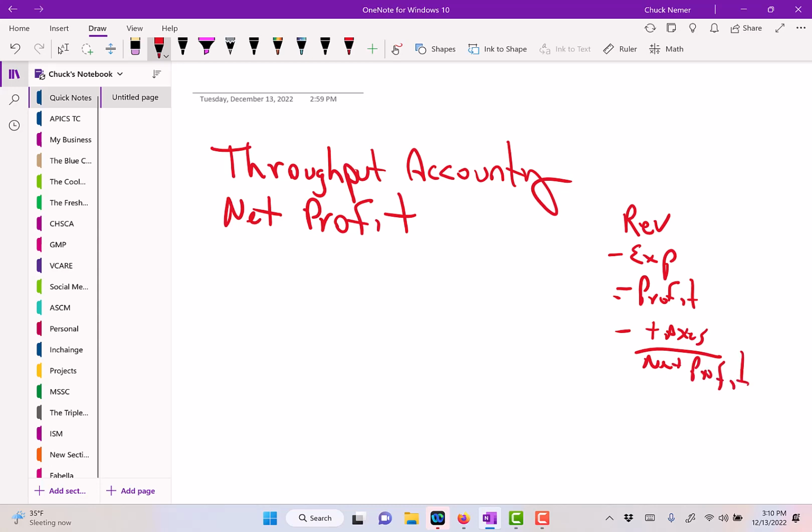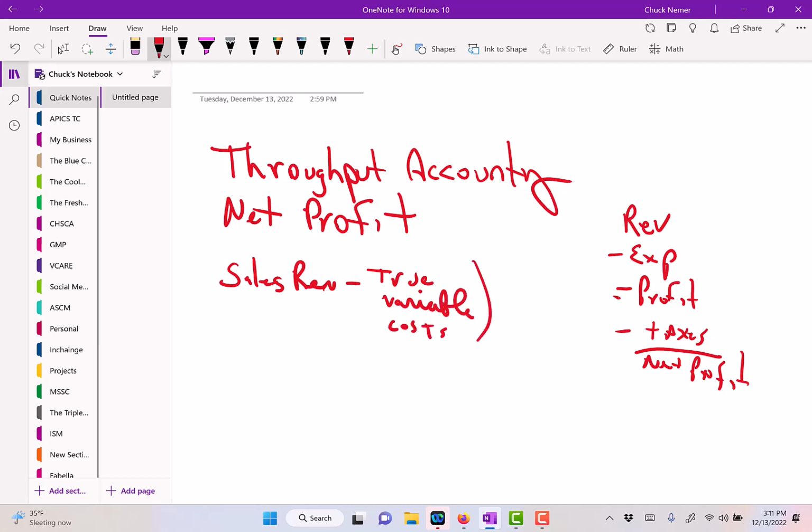Now, when we look over on the throughput accounting side, the argument there has always been, unless it goes out the door, you really can't call it revenue. So it looks at the throughput side. Throughput being sales revenue, shorthand that, minus the true variable costs.